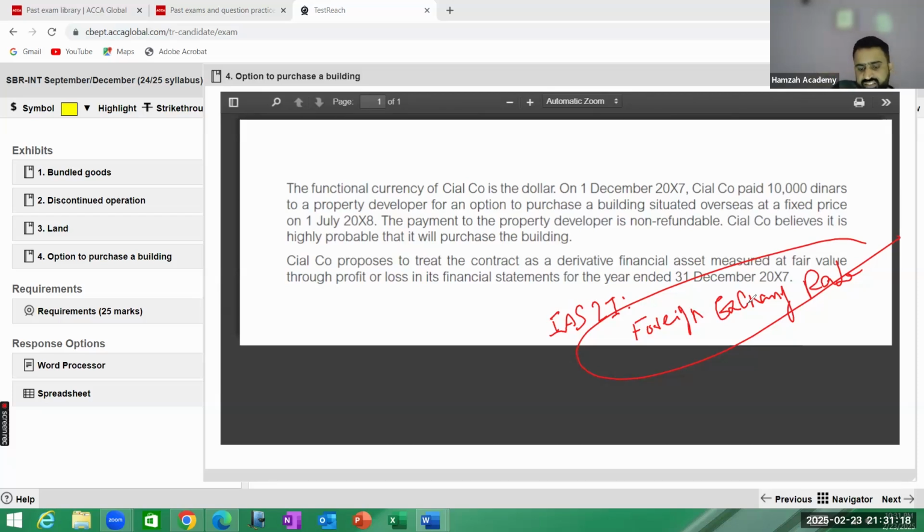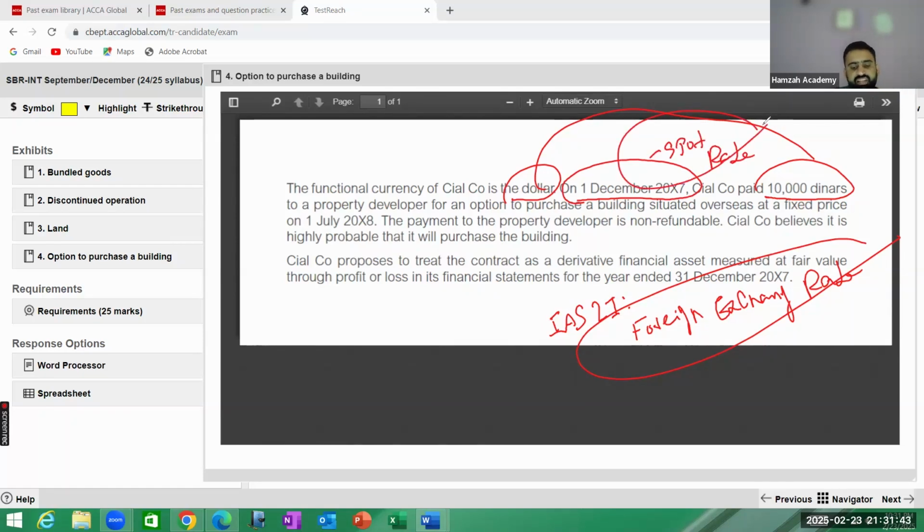As you know, this 10,000 dinar is not in our functional currency. Our functional currency is the dollar. So first of all, as per IAS 21, this 10,000 dinar should be translated into dollars on the initial date, which is the 1st December X7, using the spot rate of 1st December X7.